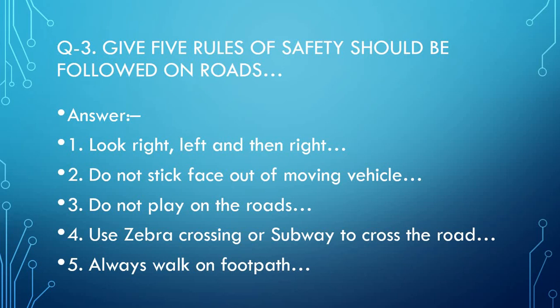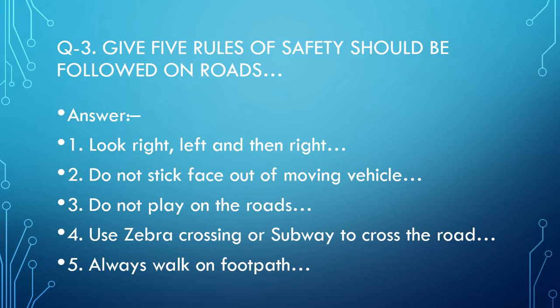I hope, students, you are repeating after me. Number 3. Do not play on the roads. Number 4. Use zebra crossing or subway to cross the road. And number 5. Always walk on footpath.